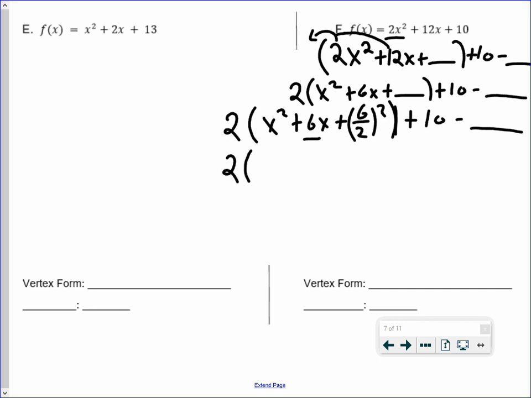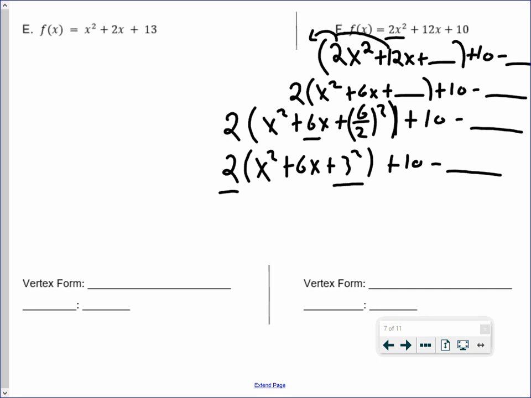So 2x squared plus 6x plus 3 squared plus 10. And for this blank over here, what it's actually going to be is this value we have here multiplied by the a value that we factored out. And why we do that is because, remember, we need to keep the value of the equation the same.